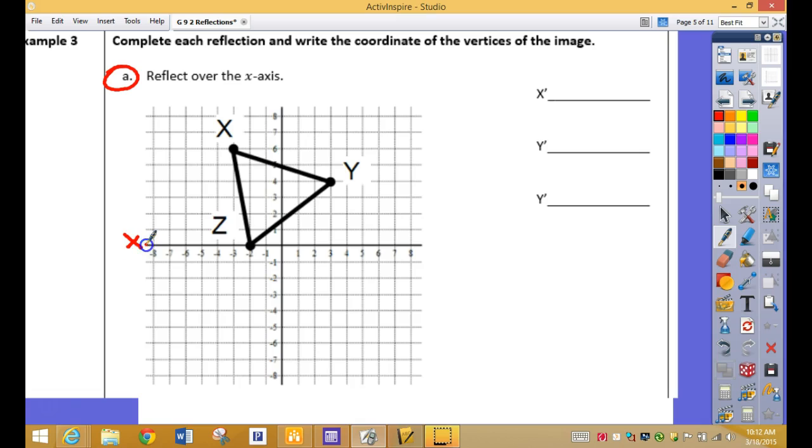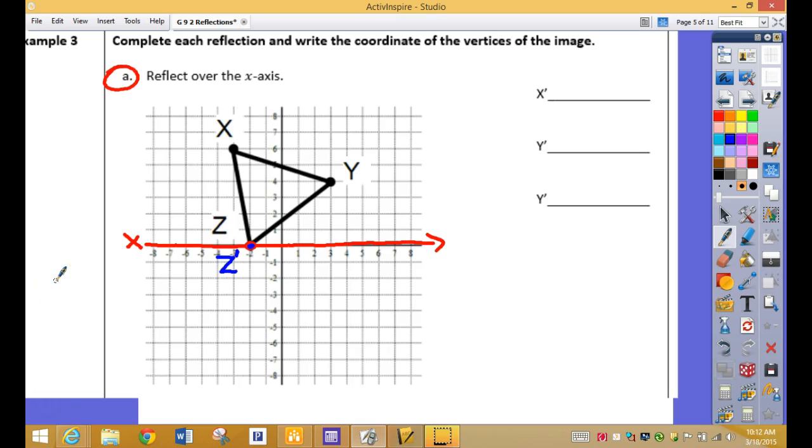So this is my line of reflection. Well, is Z not already on my line of reflection? So do I need to move it? Nope, I don't even need to move it. So Z is already where it needs to be. Here's our new Z prime.